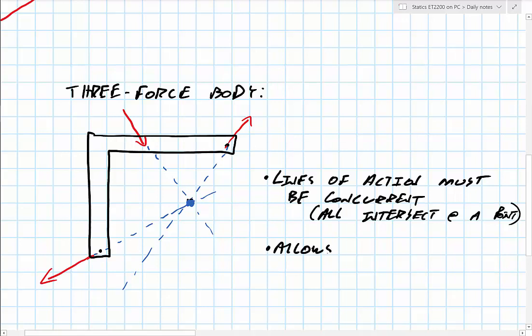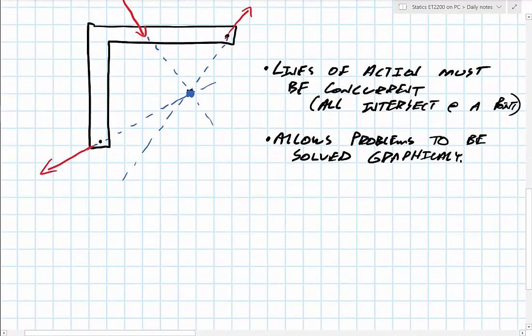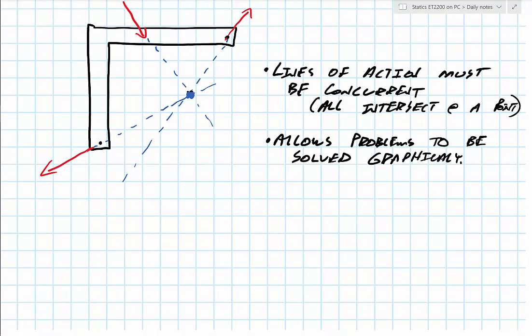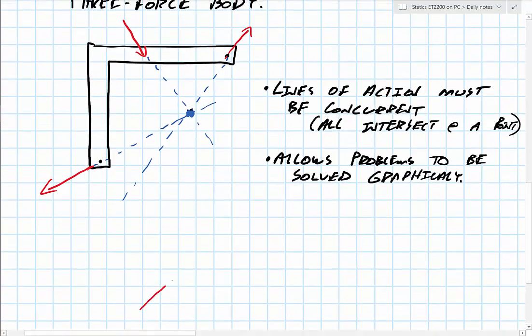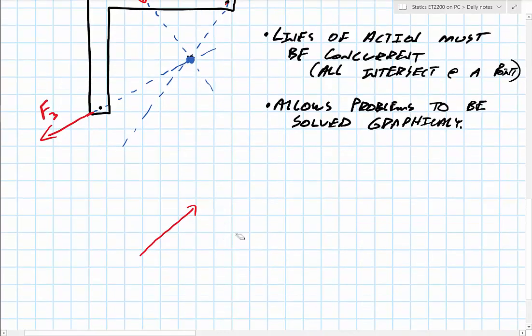Why do we care? Because this will allow us to solve problems graphically. And the way that works is because I can move vectors around. In this case, if I called this F1, F2, and F3, I have this F1, and then I have F2, and let me draw this in a different place.